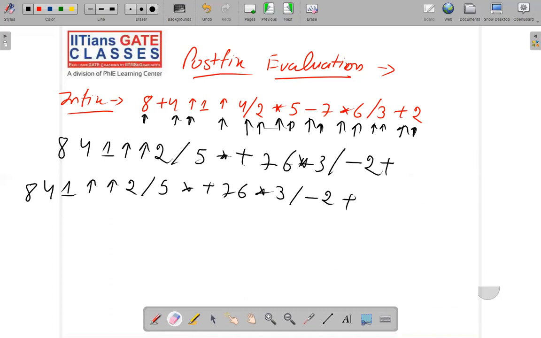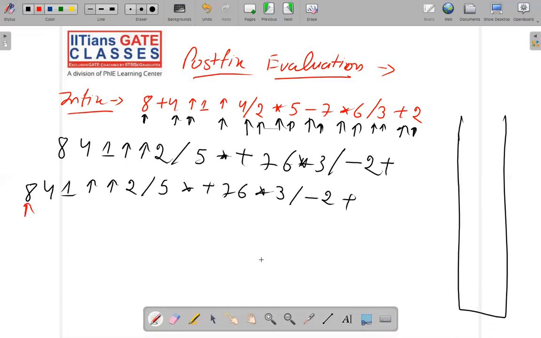Now to evaluate it, the rule is we are going to use an operand stack. We push until we find an operator. So right now the pointer is here on 8. We push it. 4, we push it. 1, we push it. Now we found an operator, the power operator. So what happens?